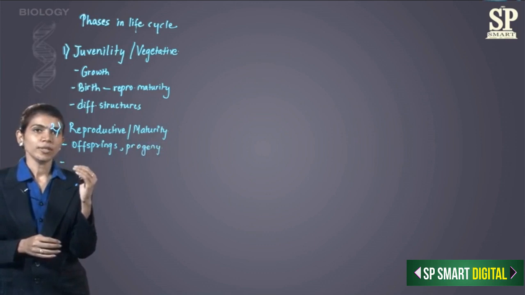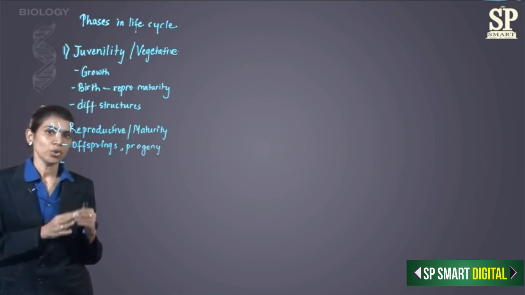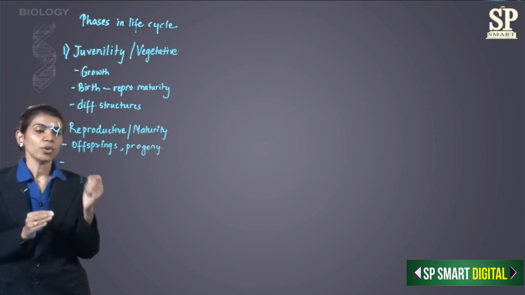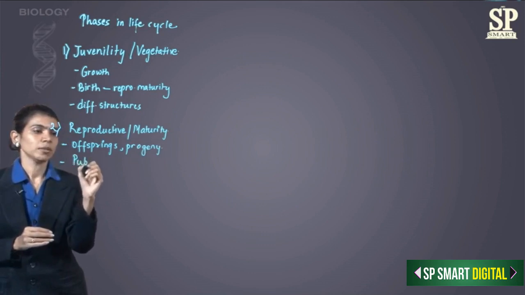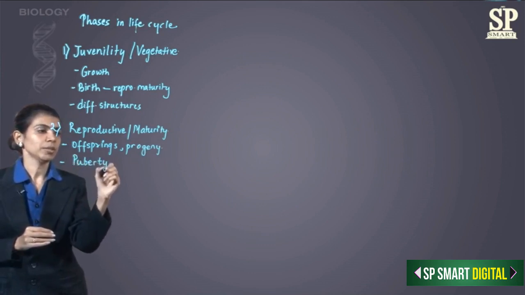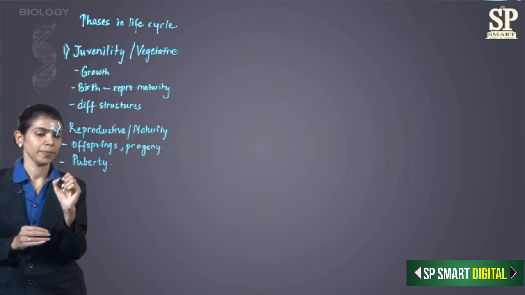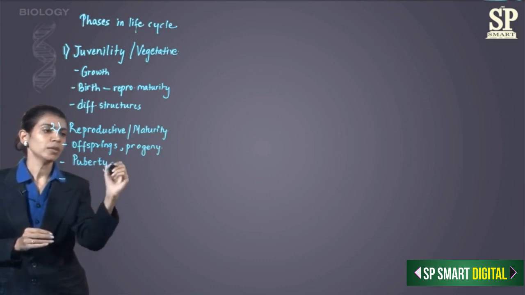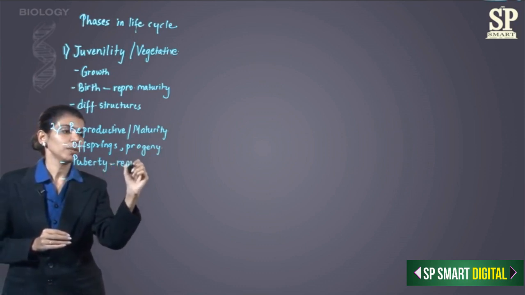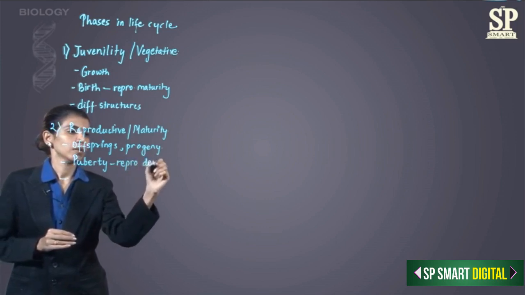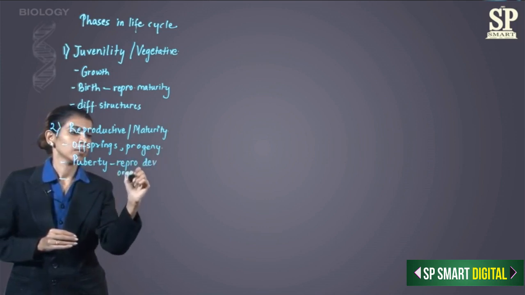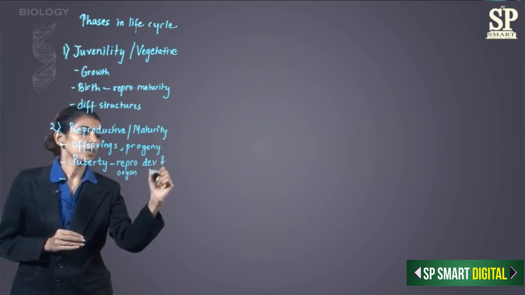The reproductive organs develop and they attain maturity during the period which is called puberty. This is an important terminology. So here the reproductive organs are developing and attaining maturity.